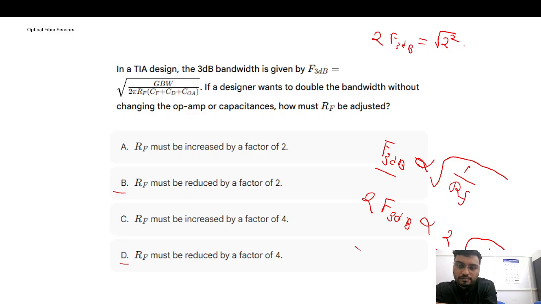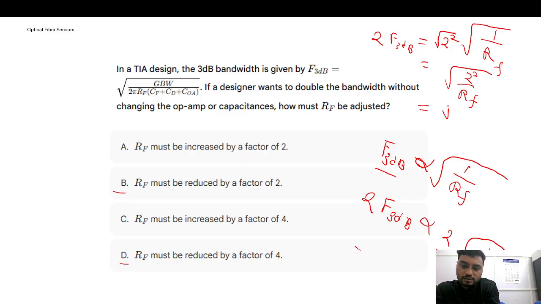Understanding what I'm saying? RF, take this value inside, so it will become 2 to the power 2 divided by RF. And what does it mean? If you are making it like this, let me write properly, 1 divided by RF, which is also divided by 4.